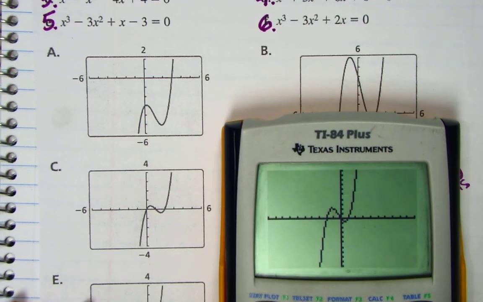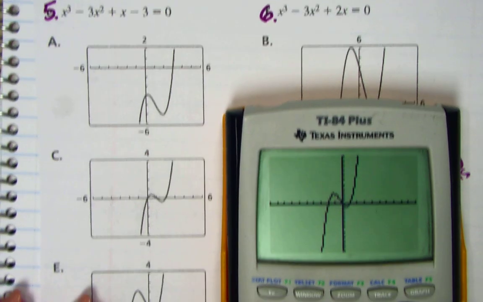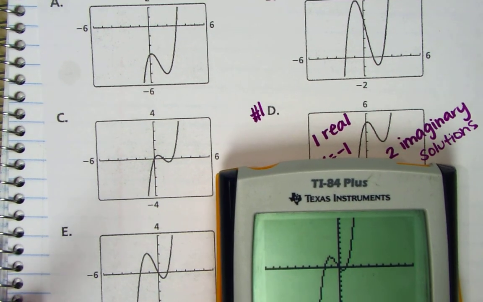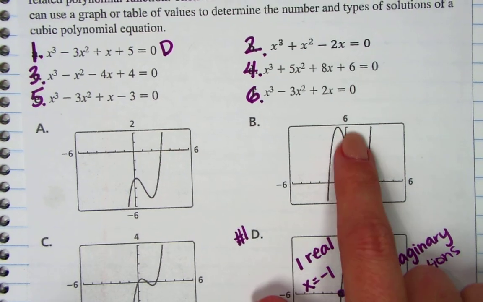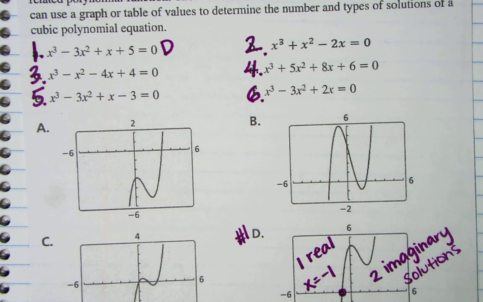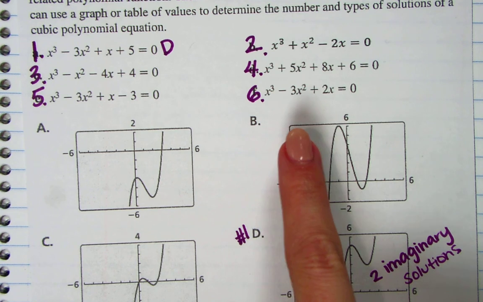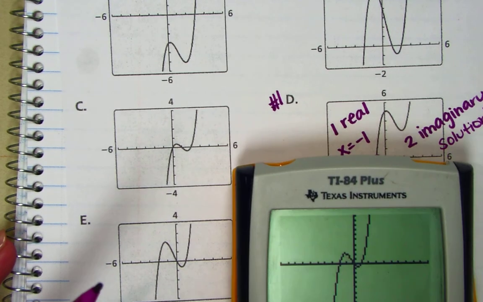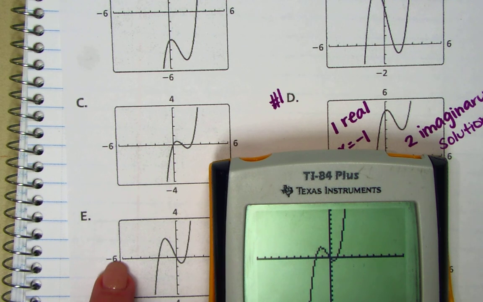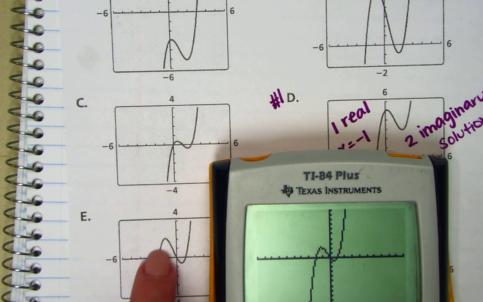I don't think it's exactly the same as C. All right, it's E. Now, kind of a funny story about this: I got this from the book, and this one was wrong. It did not match. It was obviously supposed to go with E, so I had to guesstimate what it was supposed to be. It's pretty close, but I had the graph already, so I knew the zeros, but I didn't know exactly what was making it go up so high.